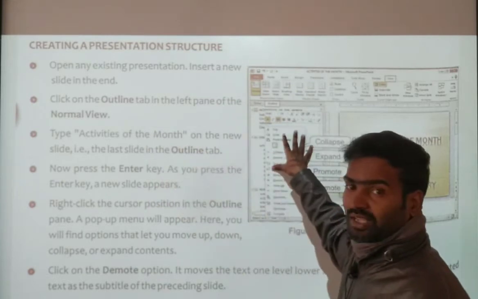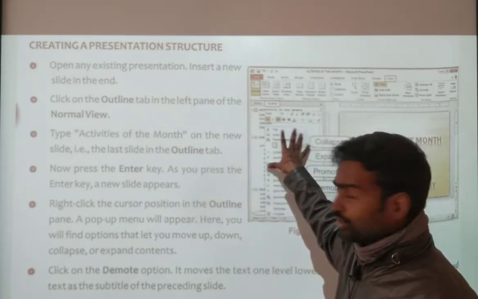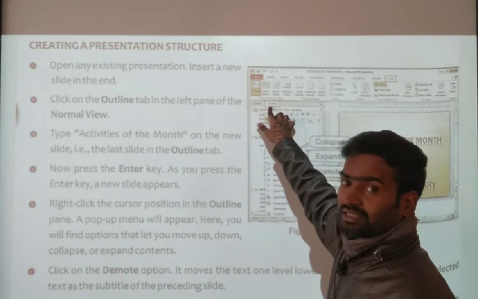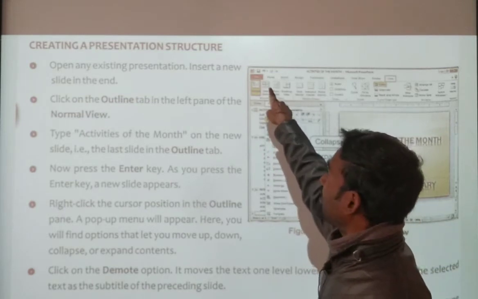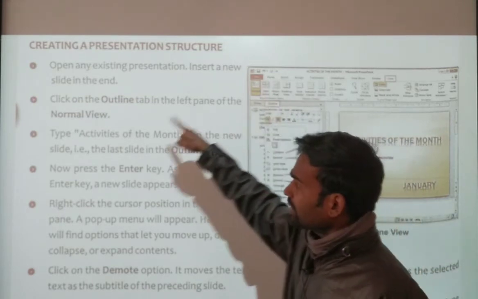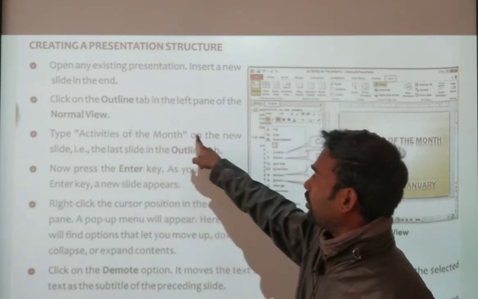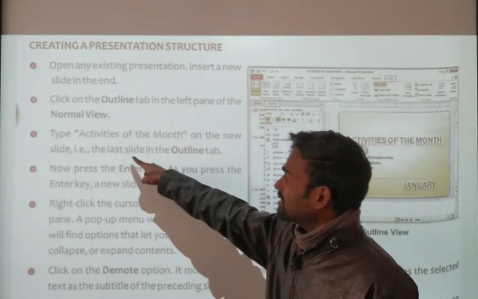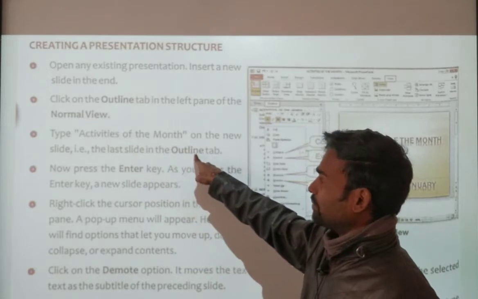As I was telling, the old version of the MS package has it here, but the latest one has the outline tab here. I will show you. And type activities of the month on the new slide, the last slide, in the outline tab.